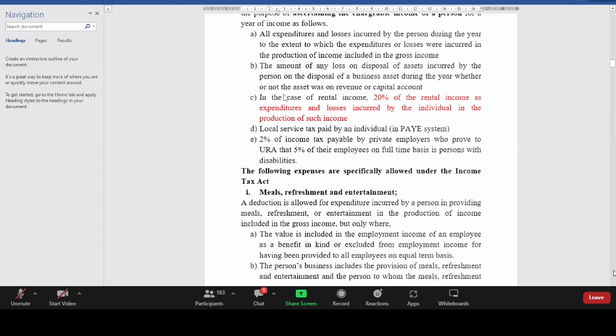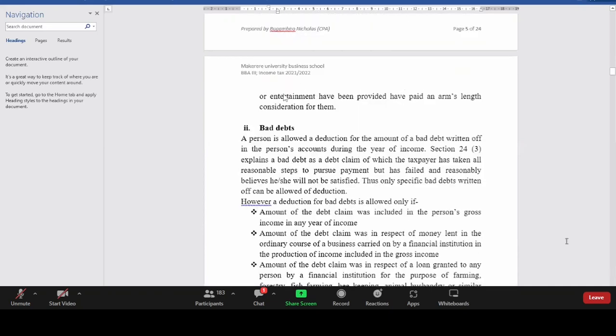So guys, specific deductions: we saw meals and refreshments. We saw bad debts. For bad debts, the key thing is they must have been incurred on income that is included in the gross income, and you have taken reasonable steps to collect those debts and you can't get them. You will be allowed, but only on those actual written-off bad debts which are fully written off. Remember, we said you need the necessary documentation to support that bad debt write-off.